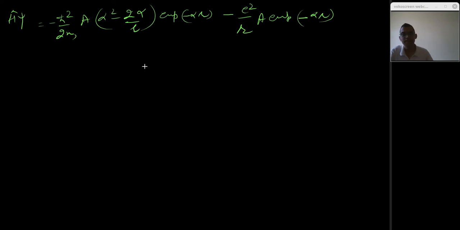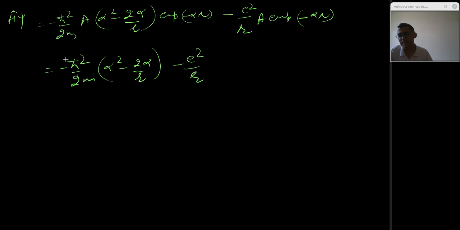That's what we are getting. It can be taken outside and written like this: h square by 2m alpha square minus 2 alpha over r, minus e square by r, and A exponential of minus alpha r can be taken outside.